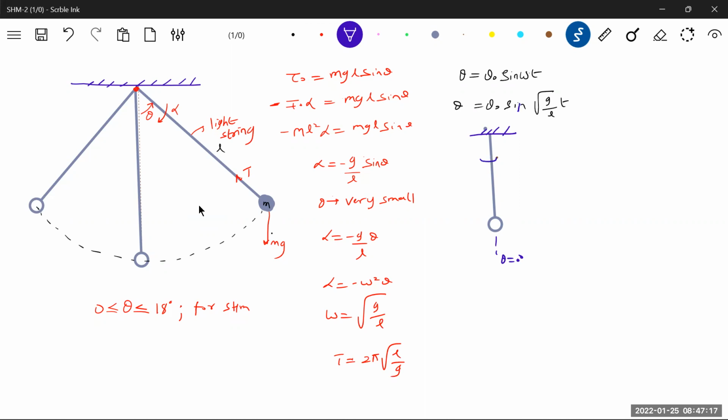You are giving some angular velocity omega naught, and because of that, the maximum angular displacement it can have is theta naught.